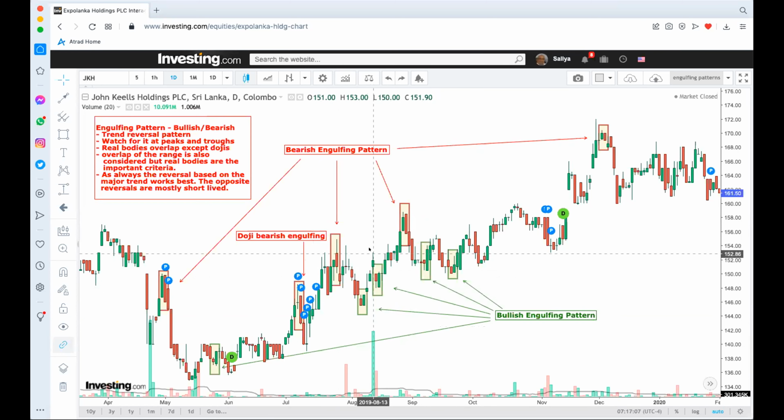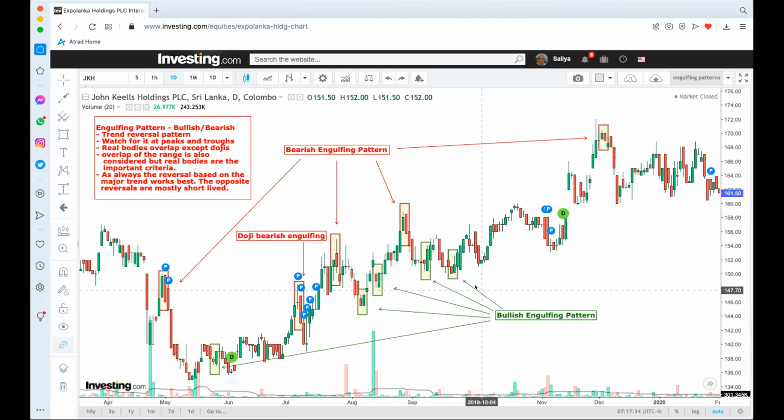Thereafter, we can see the trend had started moving up, again making a bullish engulfing pattern, then moving on to make a bearish engulfing pattern, and then coming down to find another support with a bullish engulfing pattern. And you can see several patterns of that nature over this short period of time.